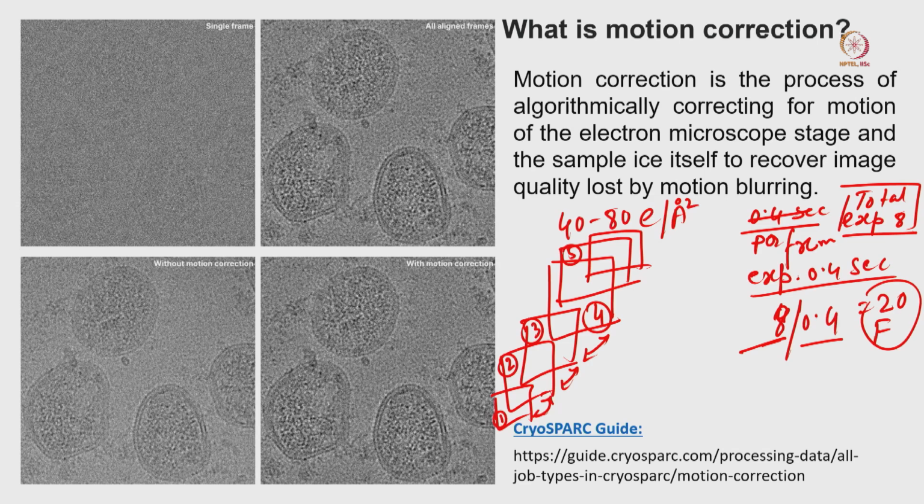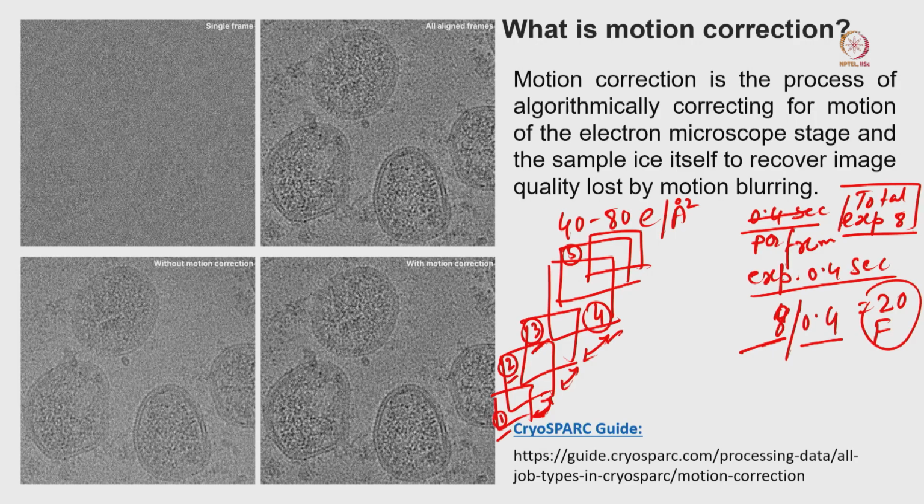But if you collect only 0.4 seconds or only 0.2 seconds, the motion due to thermal drift will be less, and it will help you correct when you calculate the cross correlation between frame number 1 and frame number 2, frame number 2 and frame number 3, and again frame number 3 and frame number 4.